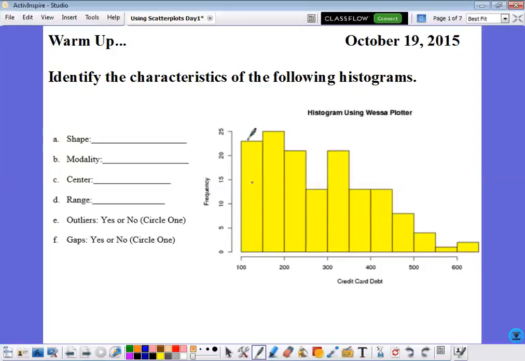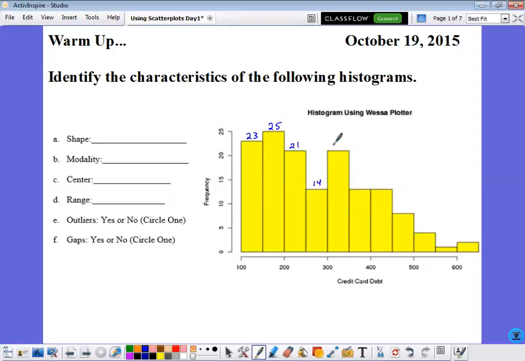So the first thing I'm going to do on this histogram is estimate the frequencies for each column. In my opinion, this frequency reaches 23 for our first column. I'm going to do the same for the other columns. So 25. It's a little bit less than 23. I would probably say 21. In this case, maybe about 14.